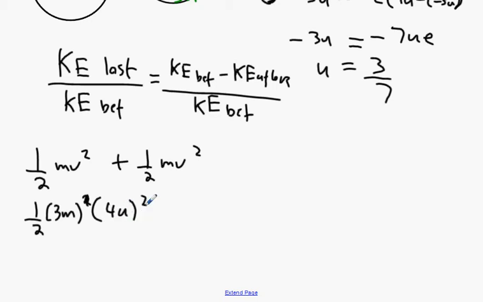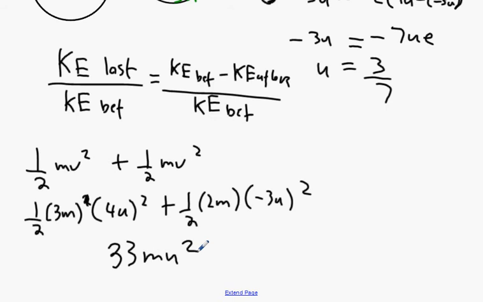And the second one is a half 2m, and its velocity was minus 3u squared. Both of them added together get you 33mu squared. Now, after the collision, only one of them is moving. It's a half, the 2m particle is moving after the collision, and that's 3u squared.